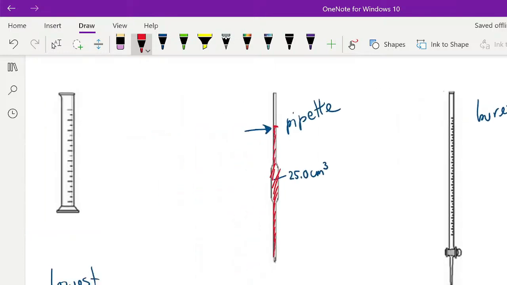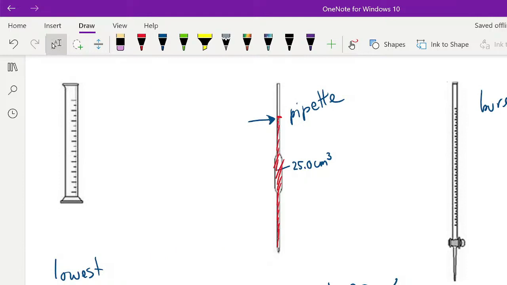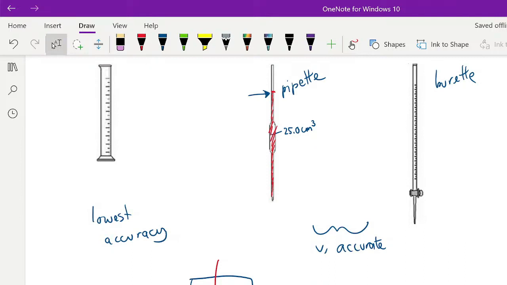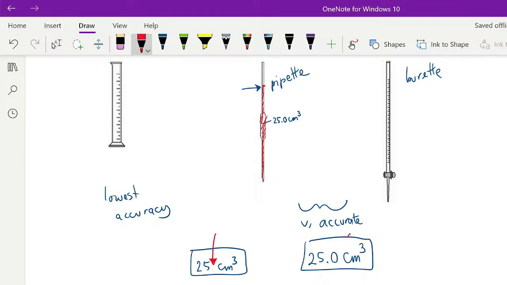So when you are asked, for example, that a student measures 25 cm cube of solution, how do you know which apparatus to use? If there is no decimal place written, you don't need high accuracy, so you can use a measuring cylinder. But if they ask you to measure 25.0 cm cube, with one decimal place, you have to use a more accurate apparatus, so you can go with a pipette or burette.